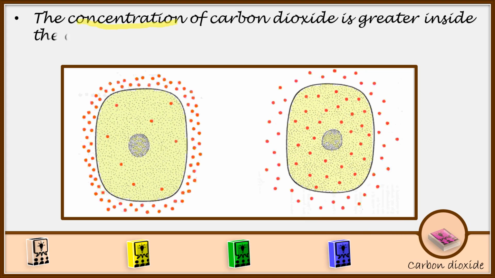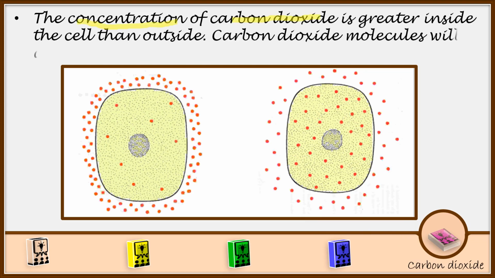The concentration of carbon dioxide is greater inside the cell than outside. Carbon dioxide molecules will diffuse out of the cell. As we have said, inside the cell there is a process of respiration taking place.